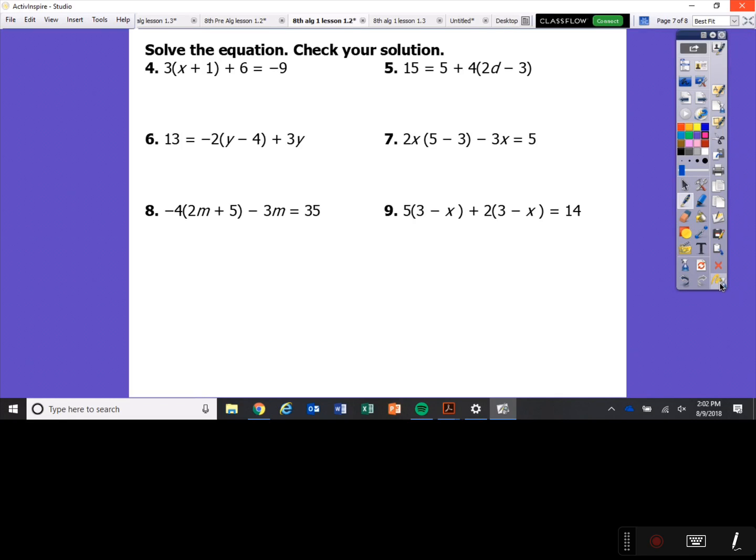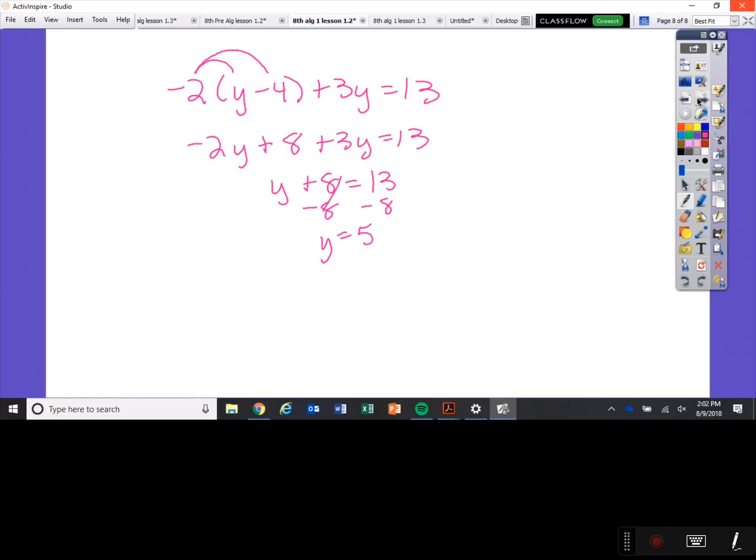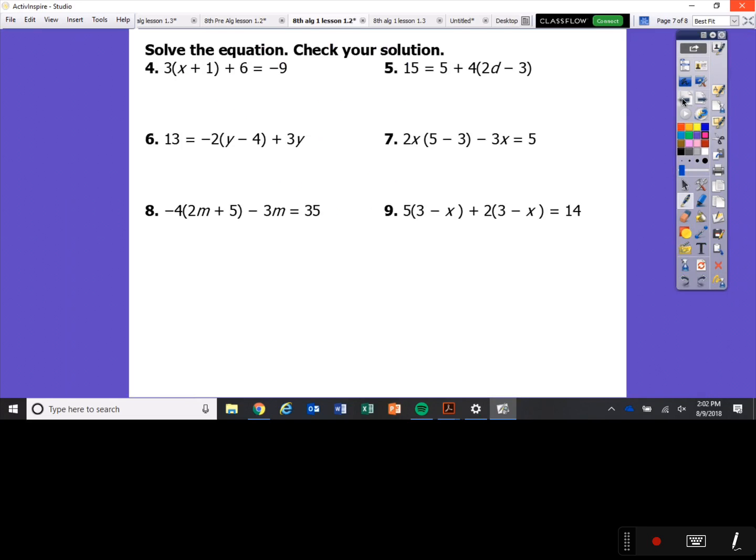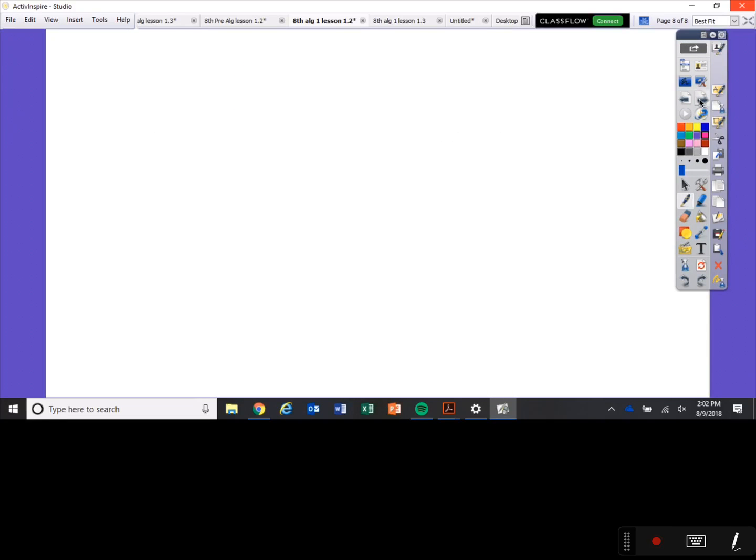All right, so here's how we do it. 2x times 5 minus 3, and then minus 3x equals 5.